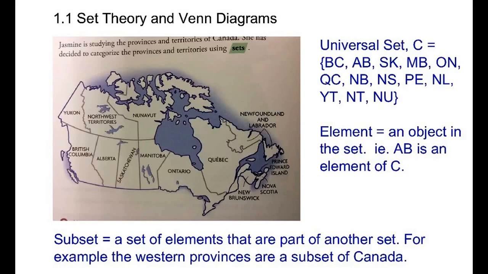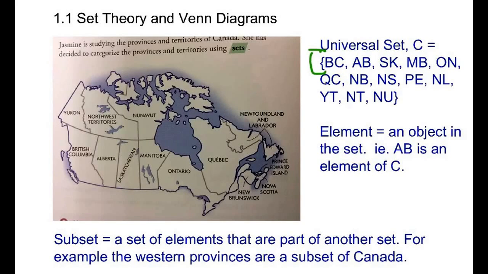The first definition that we want to worry about is called the universal set. The universal set in this case is every element, or every province, that we're talking about. So in this case the universal set would be all of Canada. You can see the notation we use is little curly brackets, and we list all the provinces.